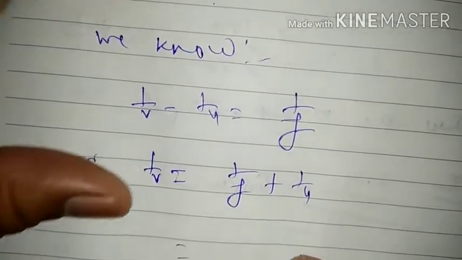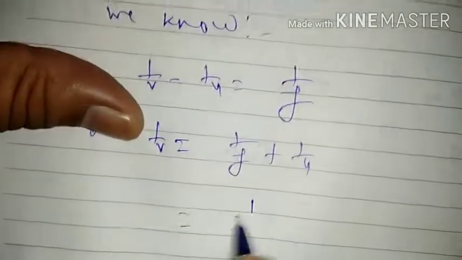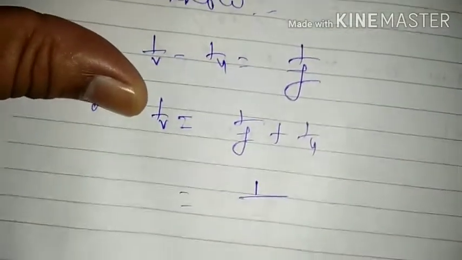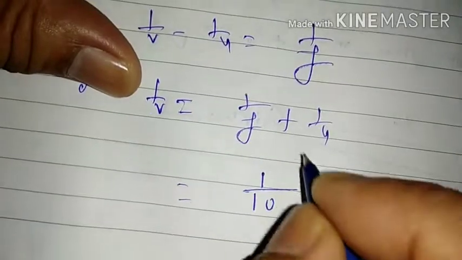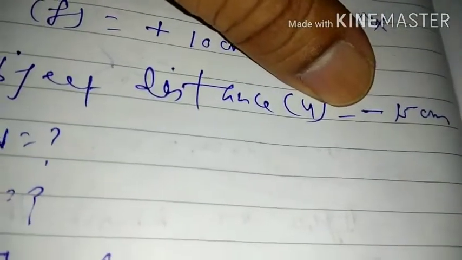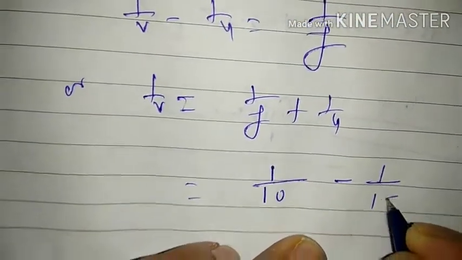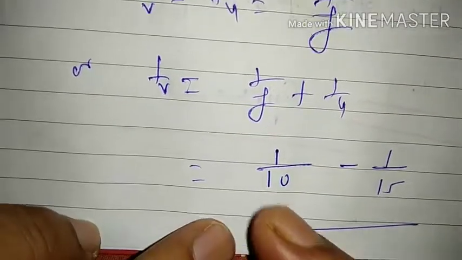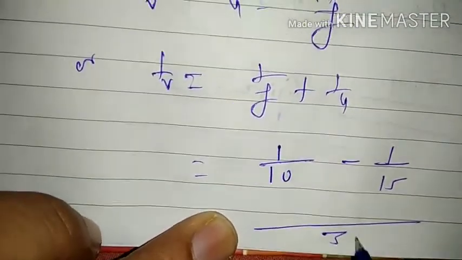Using the values, f is plus 10, so we write here only numerical value, 1 by 10, plus, and u is minus, so plus minus minus 15 centimeter, 1 by 15. We solve it. The LCM of 10 and 15 will be 30.